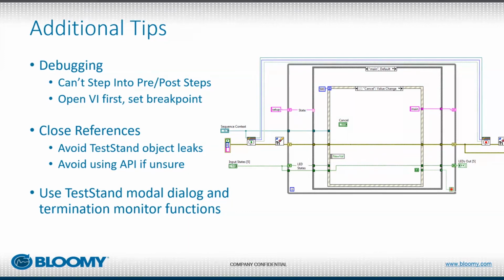If you don't include those, then the sequence or the step will continue to run, and you're going to get into a nasty situation where you're probably going to have to abort the whole process.